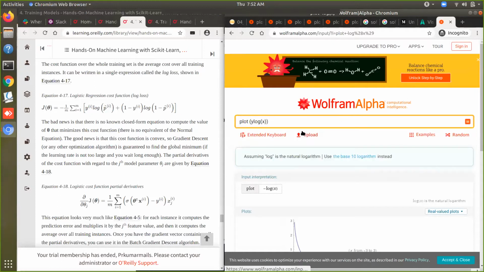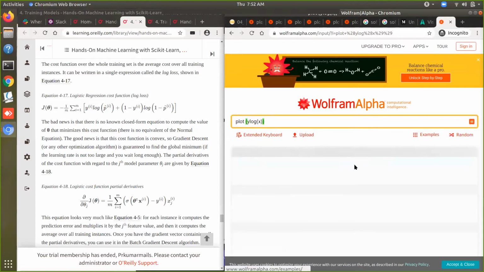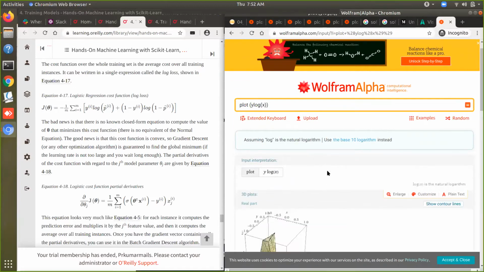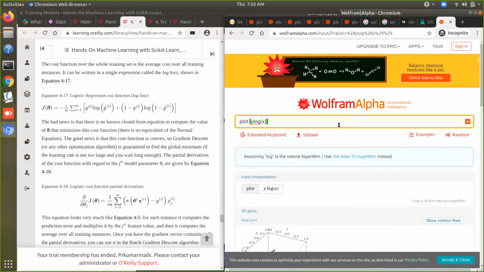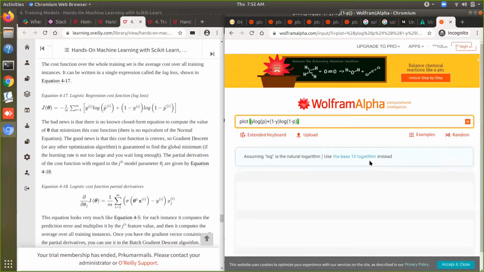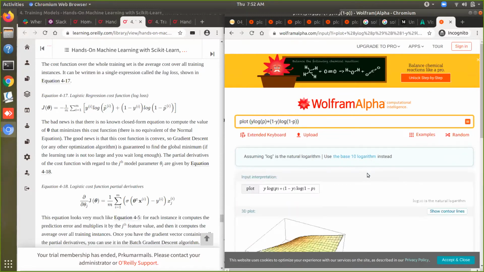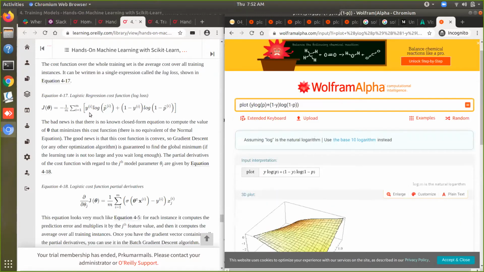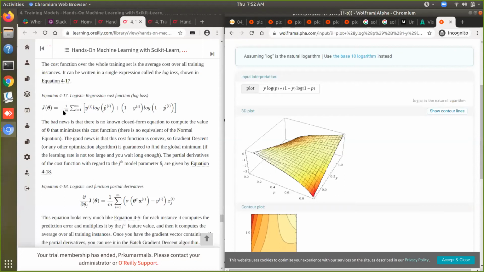This is the equation that we are seeing here: y into log p plus 1 minus y into log of 1 minus p, the same equation, with a minus in front.